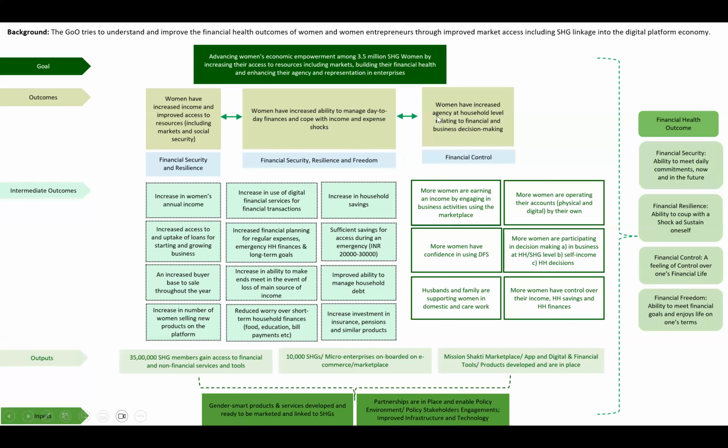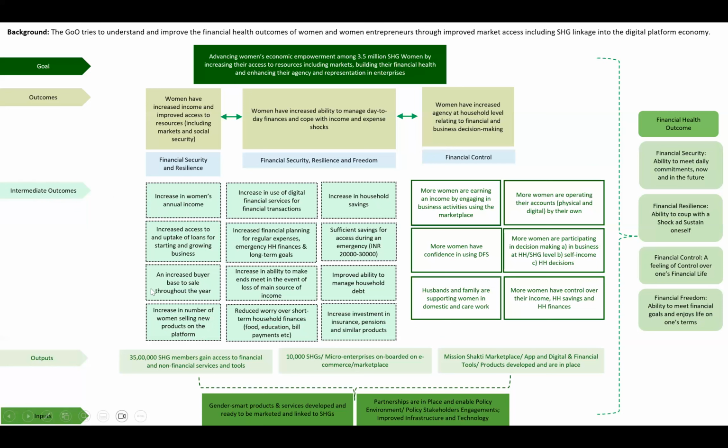And then what will be my outcome level indicators? My outcome level indicators can be divided into any number of things: immediate and intermediate outcomes, like, as I mentioned, increase of women's income. Now we need to read from the lower to the upper. Suppose there is an increase in women selling new products on a digital platform.